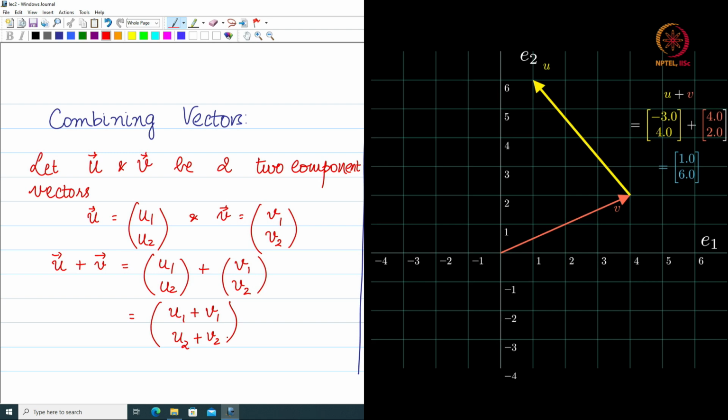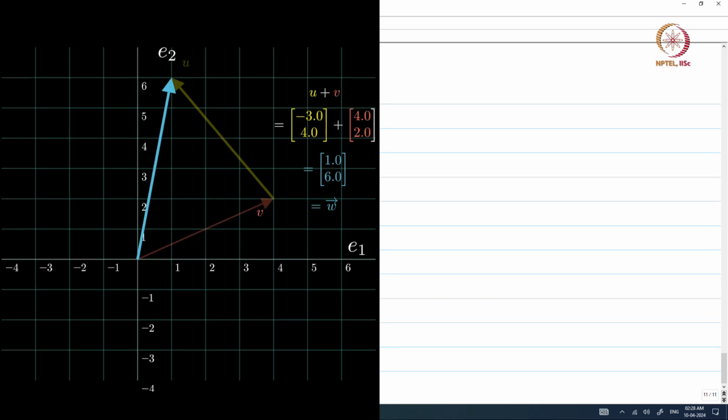This is equal to another vector w given by (w1, w2), where w1 is equal to u1 plus v1 and w2 is u2 plus v2.